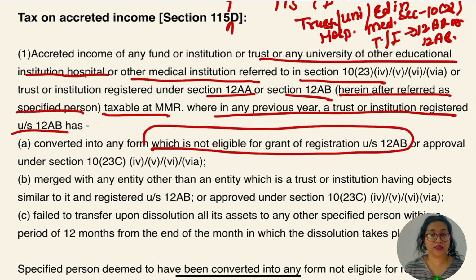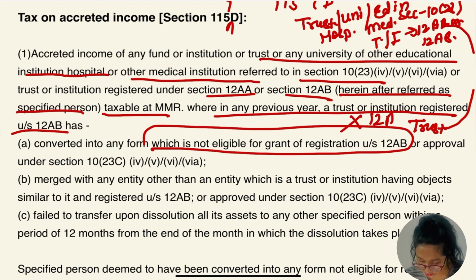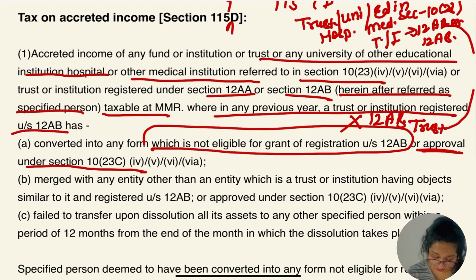So these are the things. If these trusts have actually converted into another trust which is not registered under section 12AB, or which is not eligible for grant of registration under section 12AB, or not approved under section 10(23C).